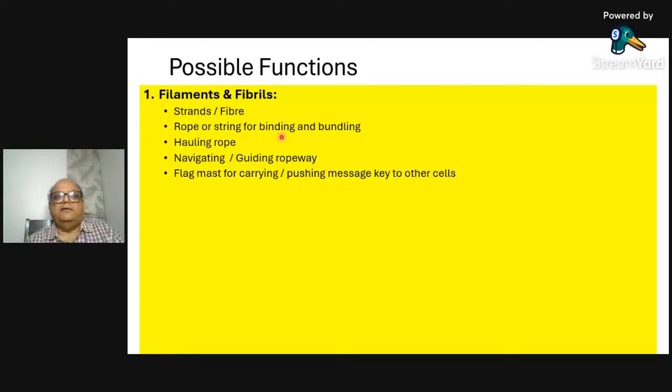It can work like a flag mast for carrying at its head some signal, some message, some cryptic code, which it could pass to adjacent cells. Okay. So these are the various engineering possibilities that a fiber or filament or a linear member or a curved beam kind of a thing could be expected of.